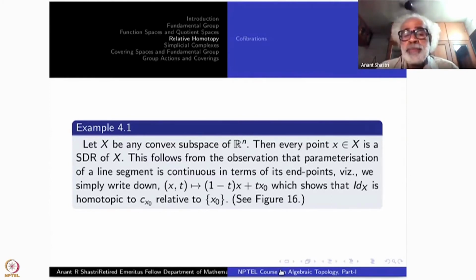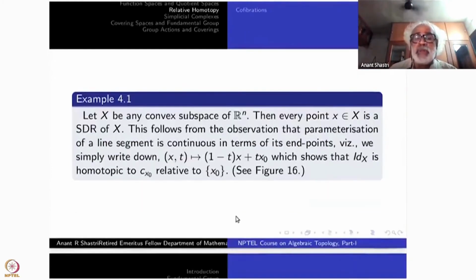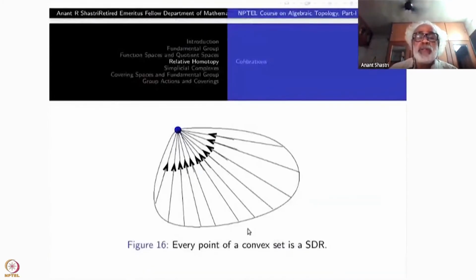Identity is homotopic to the constant map C x naught, and this homotopy is relative to x naught. So picturesquely, suppose you have a convex set like this, and all the points are coming here. This point is not moving. At the end the result will be the constant map.